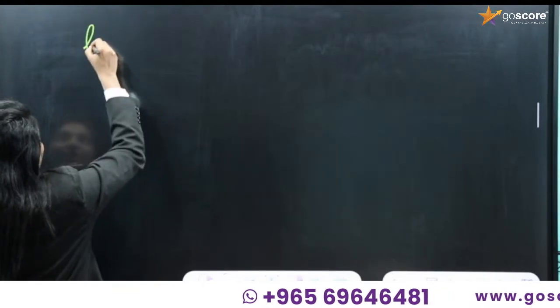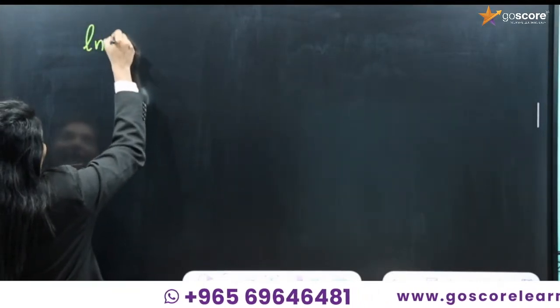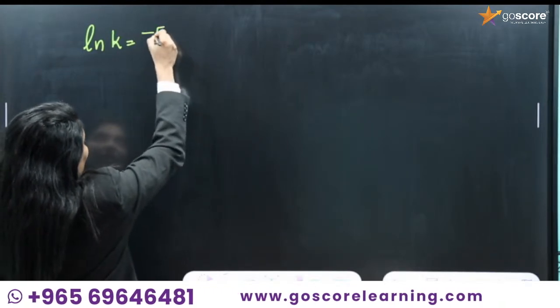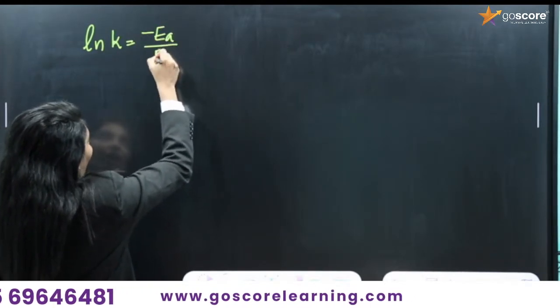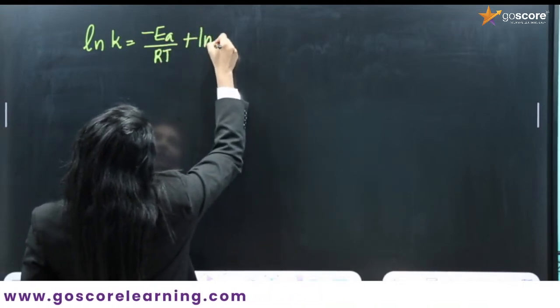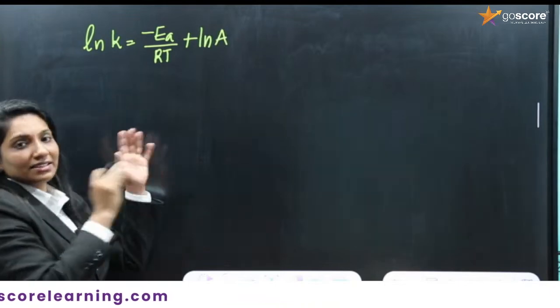We got the equation like this, ln K is equal to what? Minus EA by RT plus ln A, right? This is a natural logarithm.